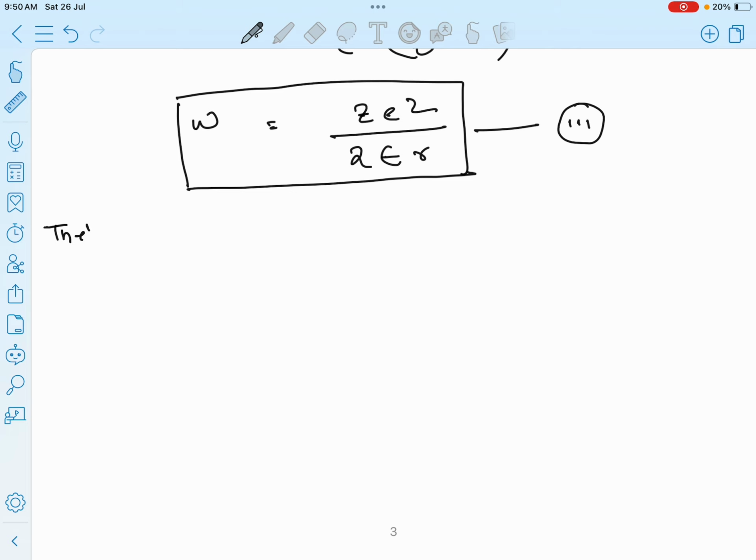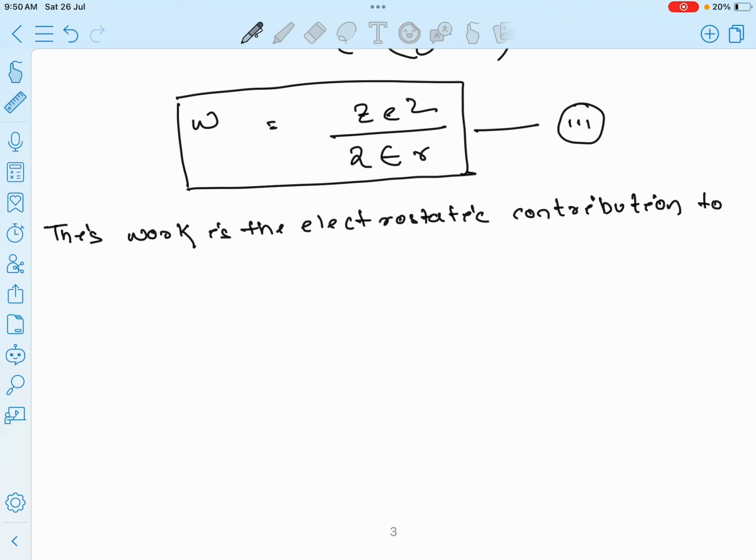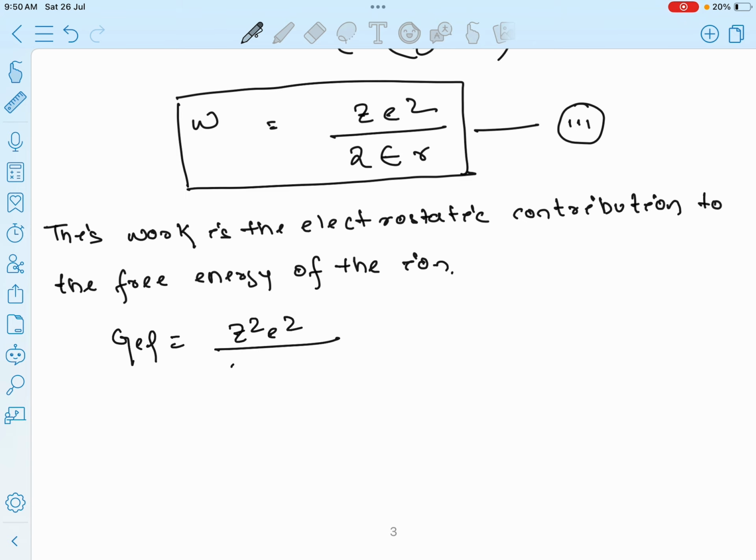So we can write that this work is the electrostatic contribution to the free energy of the ion, that is G EL equals z square e square by 2 epsilon r, and this is your equation number 4.